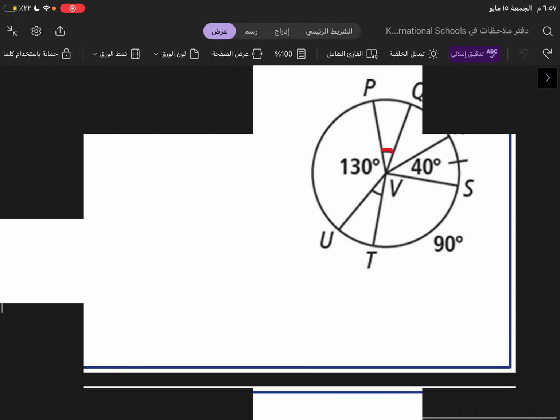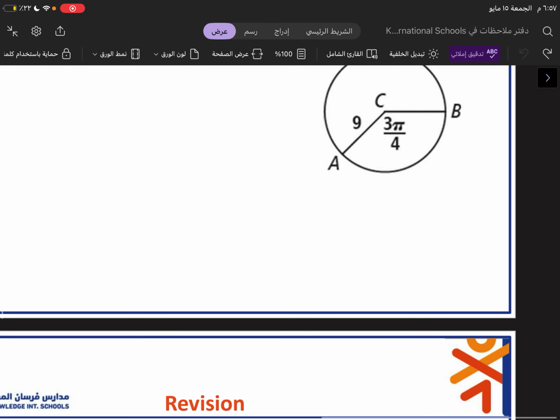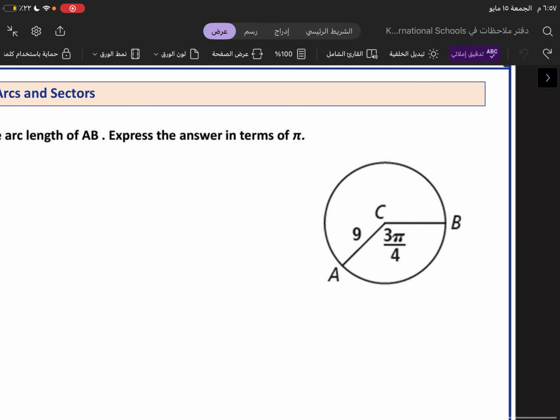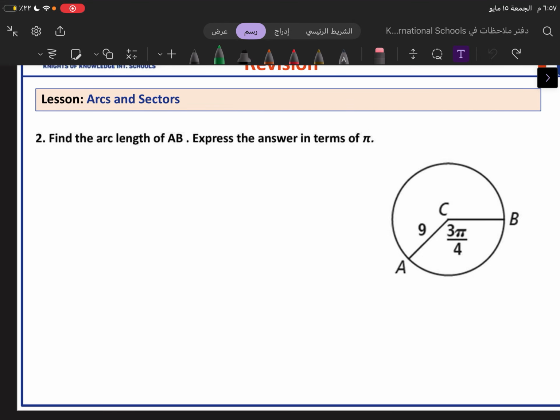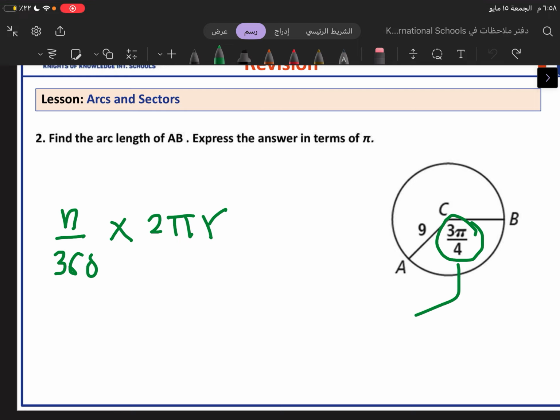Now let us move to the next part of this lesson: how to find the arc length. We say that we have n over 360 multiplied by the circumference of the circle. This is if the given central angle is in degrees, but here the angle has pi, as you see, so this law cannot help.